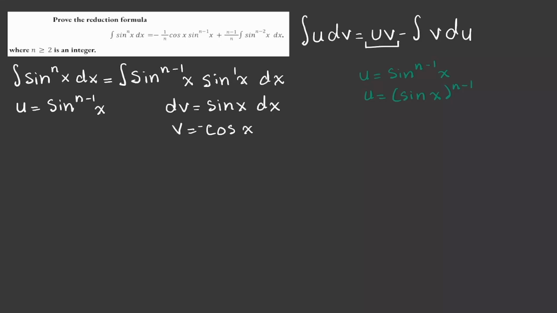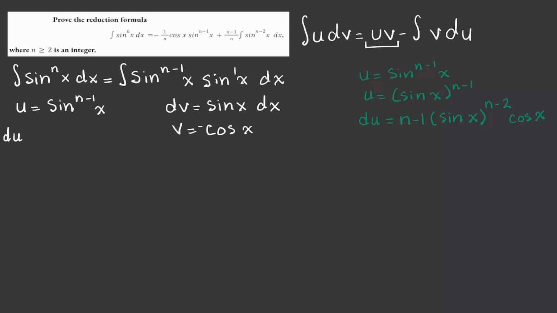So I will be using the chain rule right here to obtain my du. So here I'm going to do the power rule for the outside function, n minus 1 times sine of x to the n minus 2, times the derivative of the inside function, which is cosine of x. Now here, I have my du.